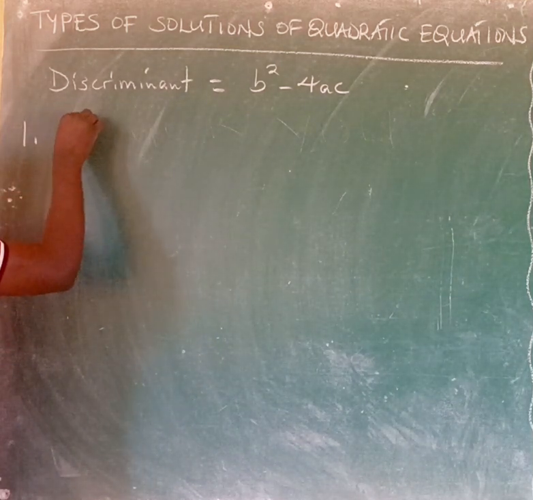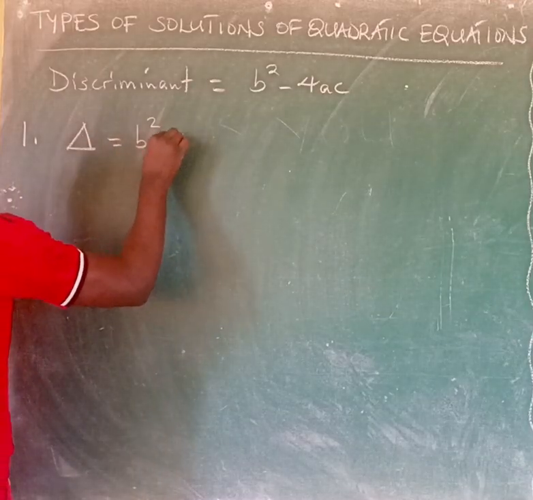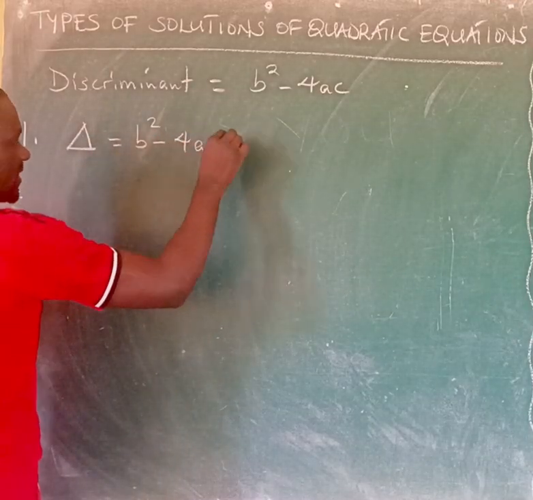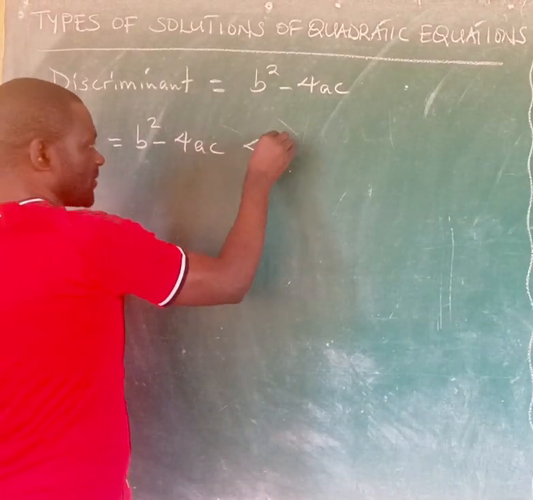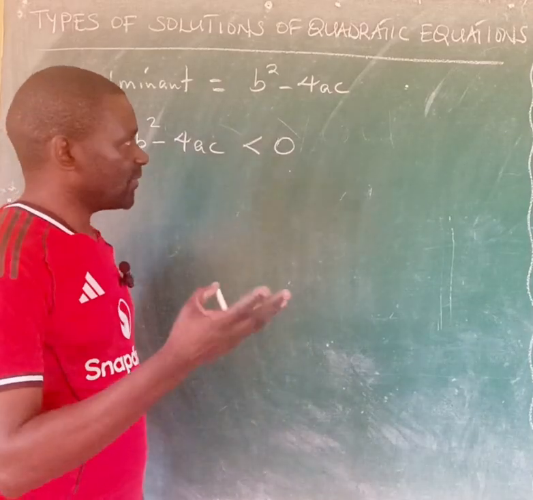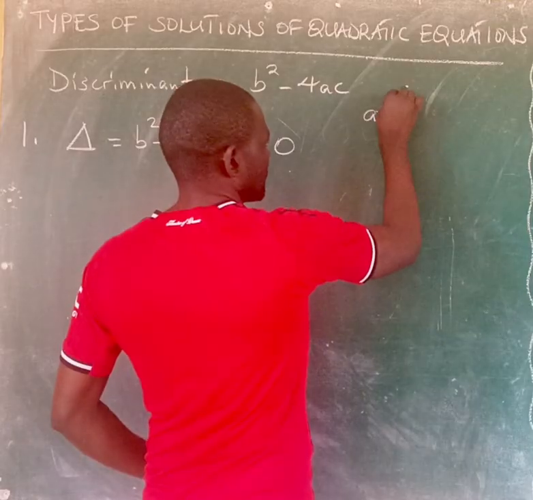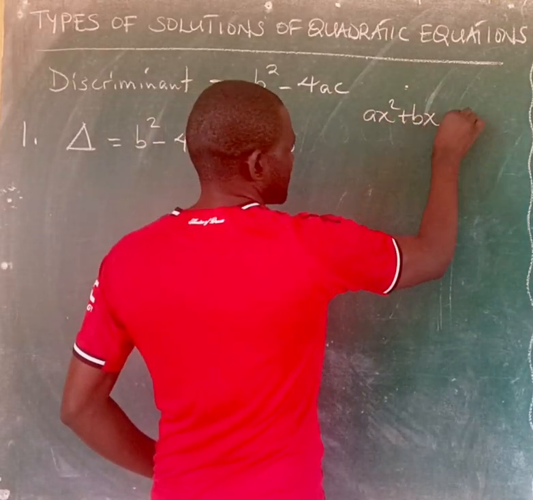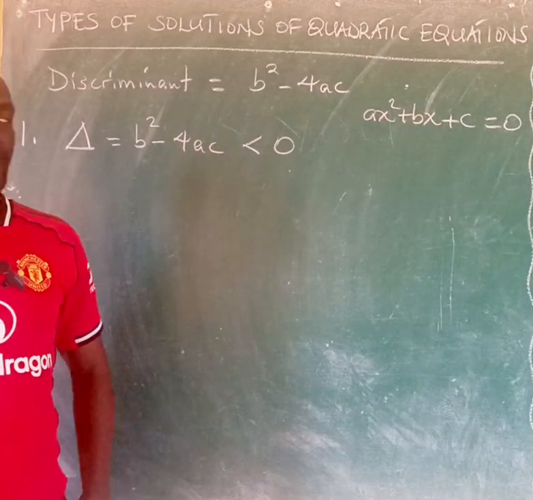let's say if the discriminant, which is b squared minus 4ac, is less than 0, so when you work it out, all this is picked from, let's say we have ax squared plus bx plus c equals 0, whatever values of a, b, and c.